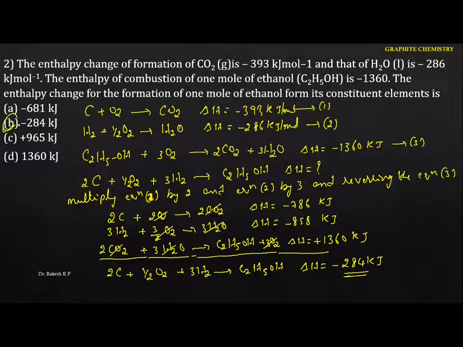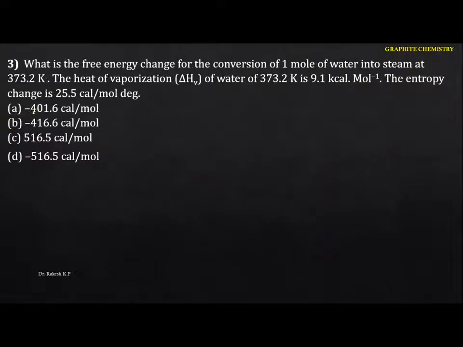Okay, so next one. What is the free energy change for the conversion of 1 mole of water into steam at 373.2 Kelvin? The heat of vaporization of water at 373.2 Kelvin is 9.1 kilocalorie per mole. The entropy change is 25.5 calorie per mole per degree. Now you have to identify the free energy change.